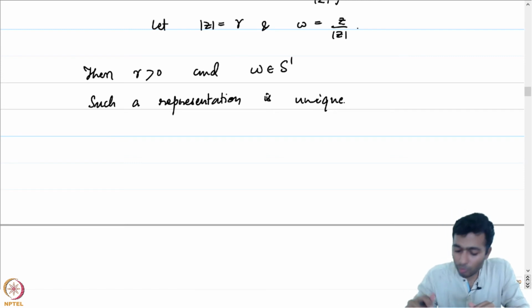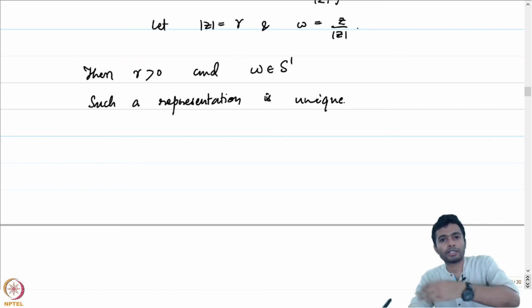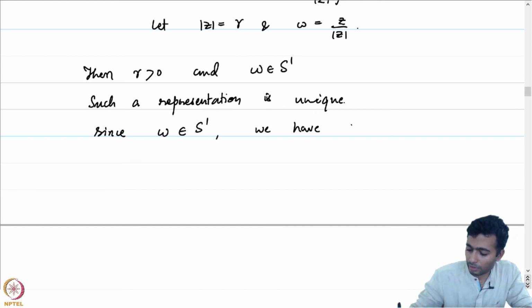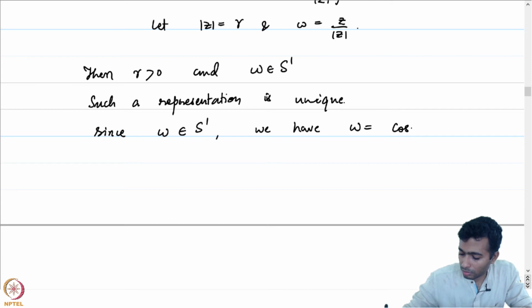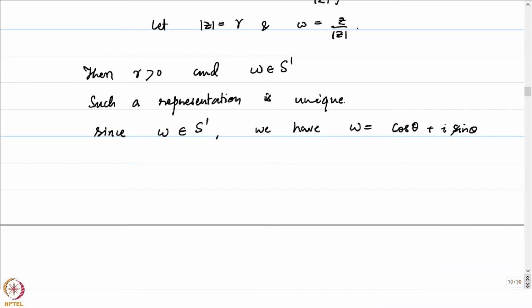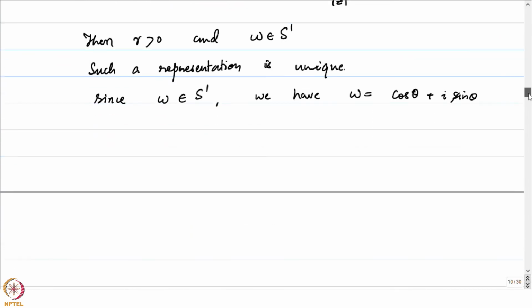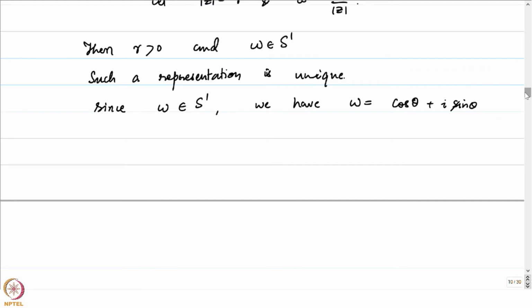But the moment we have omega in S1, we notice that there is some theta. Since omega is in S1, we have omega equal to cos theta plus i times sin theta. We just noticed that any element on the complex plane, we will be able to do something like this. And we will use this to talk about our isometry.